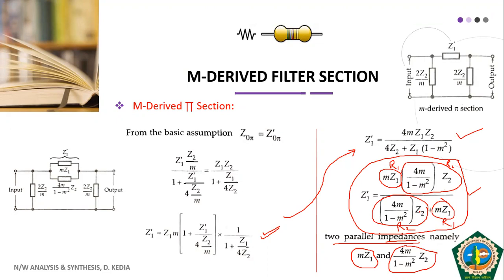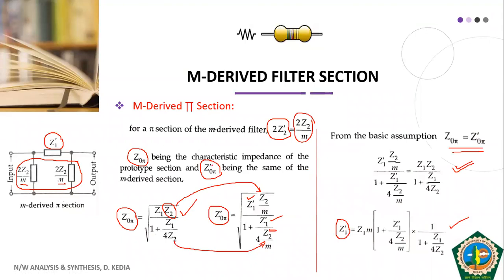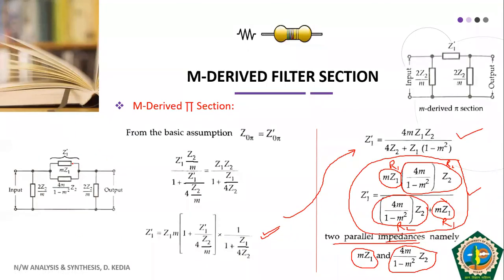So as I told you in the previous slide, our Z1 will be modified as Z1 dash. This will be represented as the parallel combination of MZ1 and 4M by (1 minus M square) into Z2. So this is how we derive the T section and pi section from the prototype or constant K filter, and we call them the M derived T section and the M derived pi section.